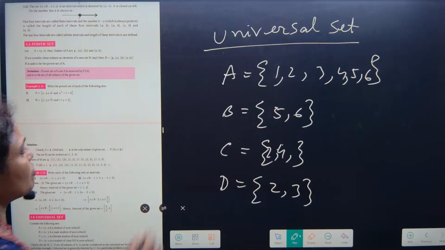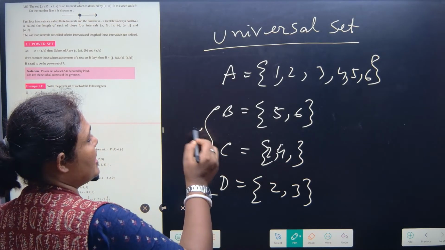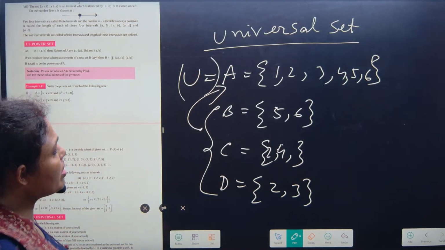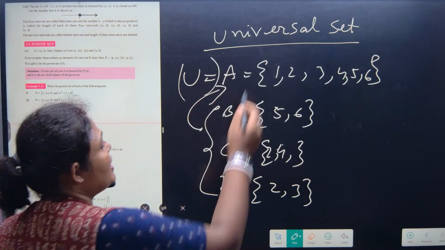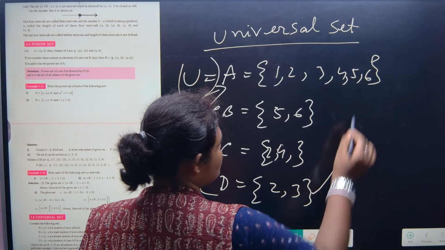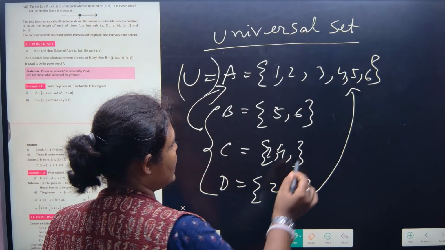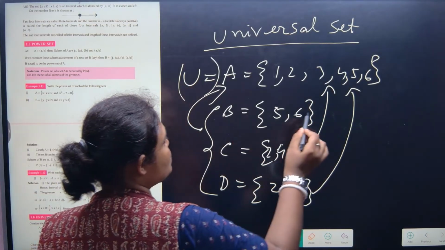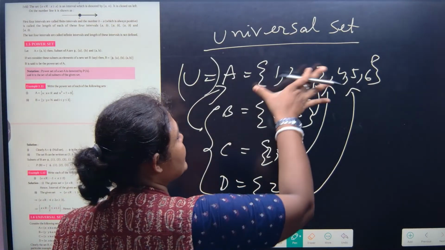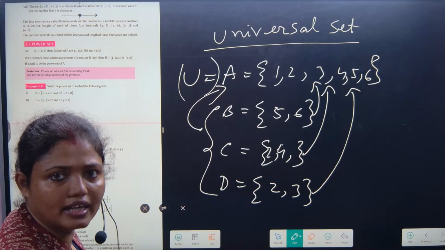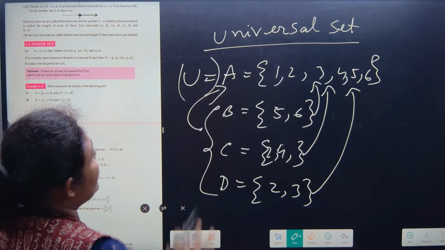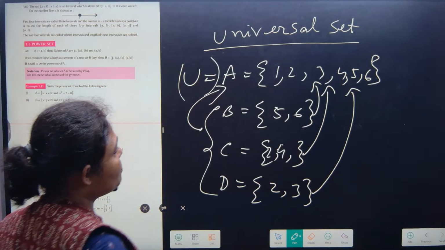Okay. Now for these three sets, A is called the universal set, right? That means B also belongs to A, C also belongs to A, D also belongs to A. So A contains this whole set together.